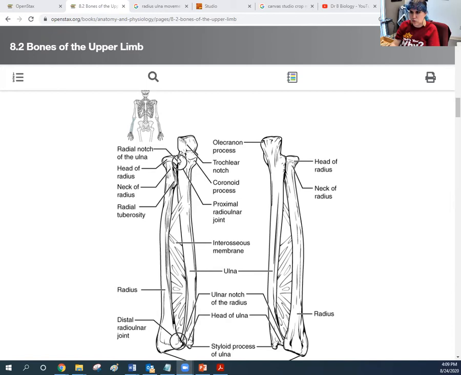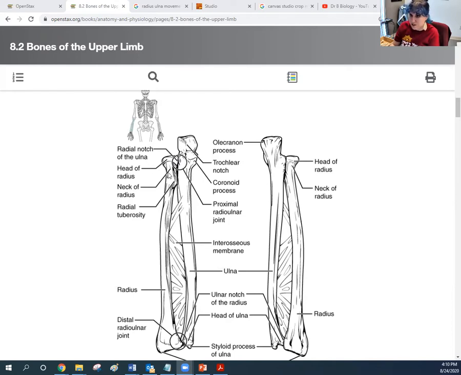And this little groove right here, almost in the head of the radius, is, sorry, not the radial notch. This is the ulnar notch of the radius. You'll notice the radius has an ulnar notch and the ulna has a radial notch.